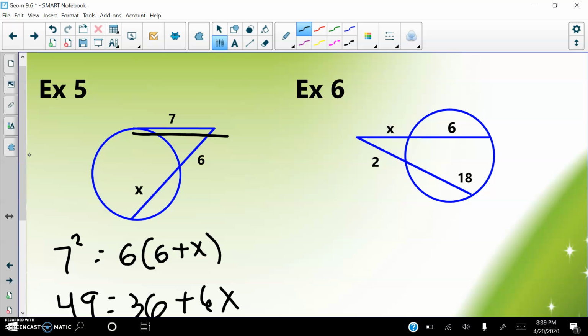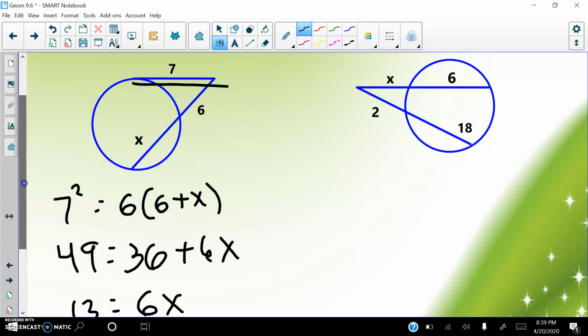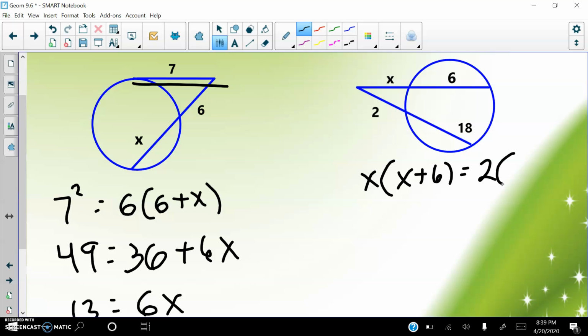All right. This one, a little more tricky, but we can do it. We're just going to follow the same properties. Outside, x times the whole thing, x plus 6, equals the outside 2 times the whole thing, which is 20. You can do the 2 plus 18 first, or put that in parentheses and then take an extra step. I'm just combining them right now.